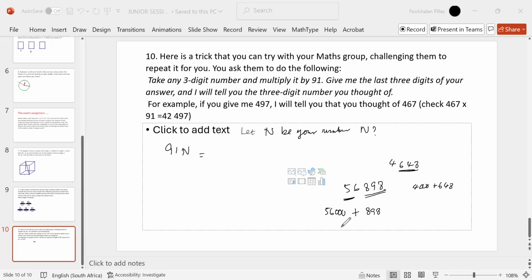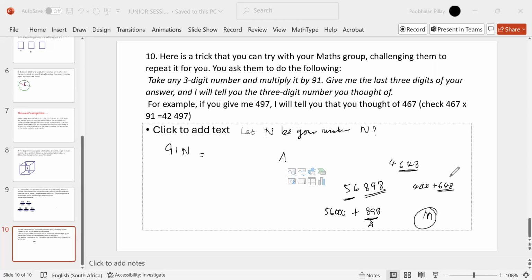See? So you are giving me a number. Let's call your answer A, A for answer. And you tell me what your answer is. That's a three-digit number. So this is what you are giving me, A, right?